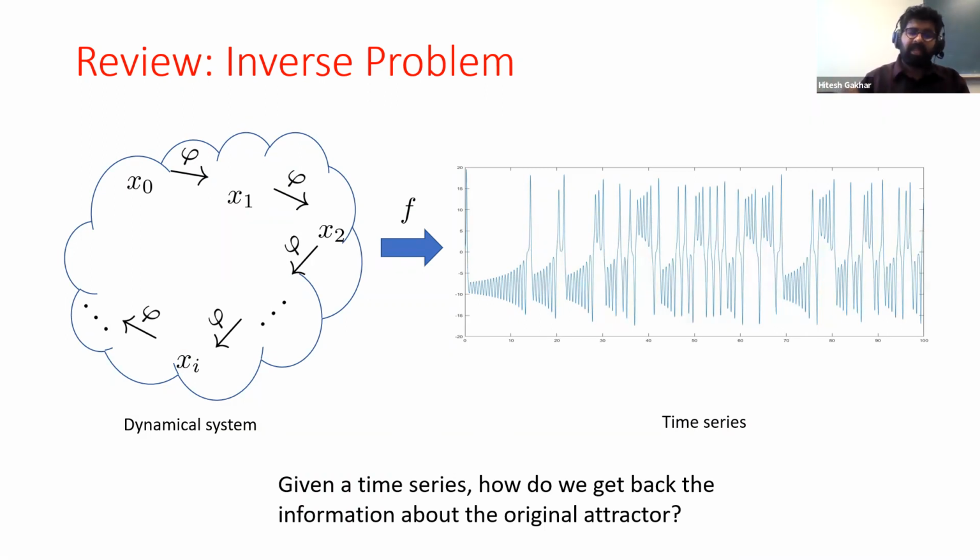If we have an observation function from the manifold to, let's say, real numbers or complex numbers, this observation function can track the trajectory in terms of the observations. Now the question was, if we have a time series that we know has been observed from a dynamical system, can we say something about the original trajectory or the original attractor?